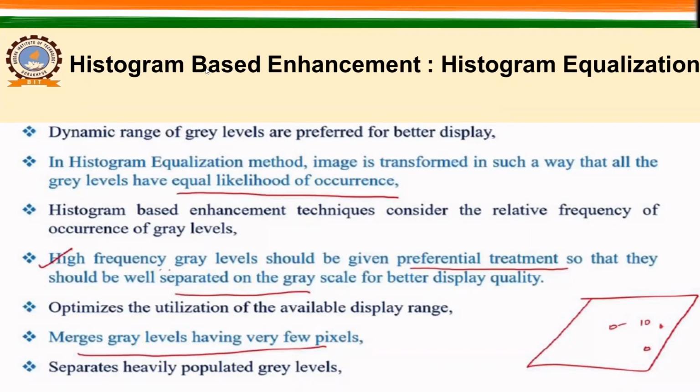The dynamic range of the gray levels is preferred for better display. So here what it says is you have a histogram like this of your image, but it is not showing the particular information which is missing in the acquisition itself. Another example: in this particular histogram, you have occupied the full range of the radiometric resolution, and it has all the peaks and troughs.